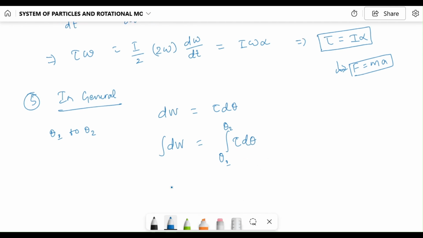So we can write work done equals tau times theta 2 minus theta 1.